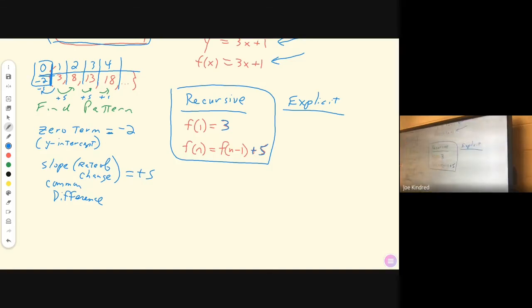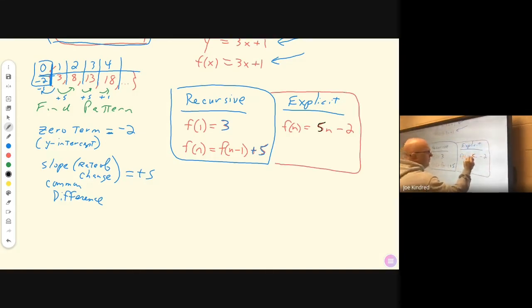Now let's find the explicit. So the explicit says, and we're going to write it as f of n. What's the slope? Well, the slope is 5, n, and then what's the 0 term? Minus 2. And so understand where I'm coming up with this number and where I'm coming up with this number.